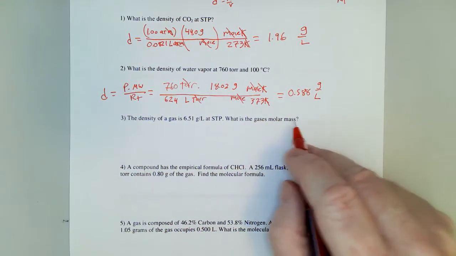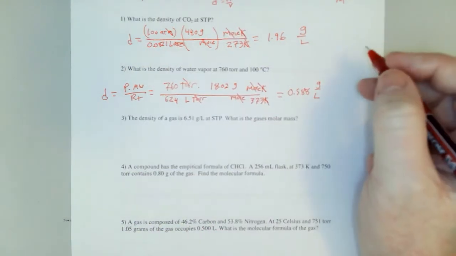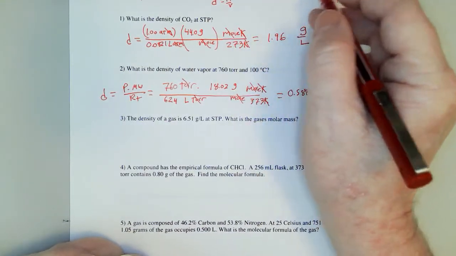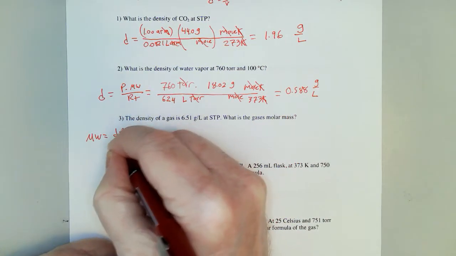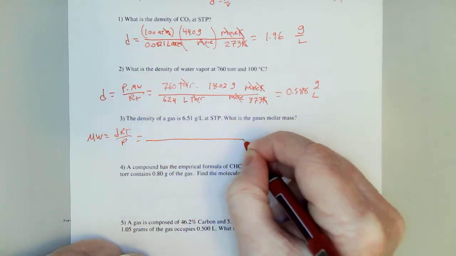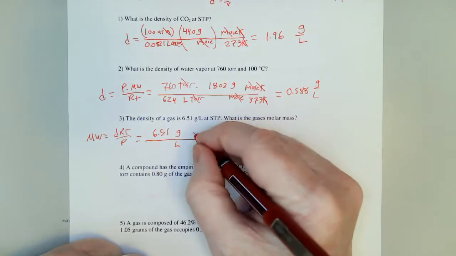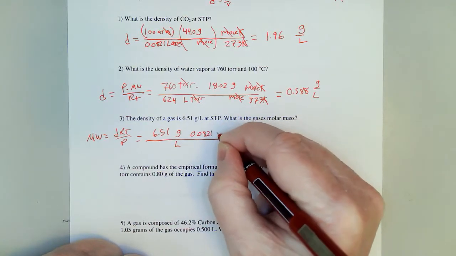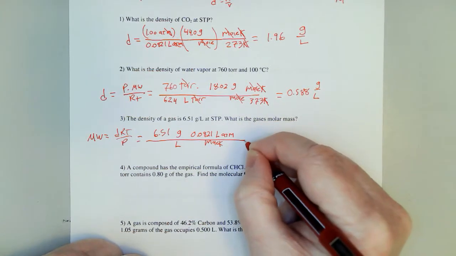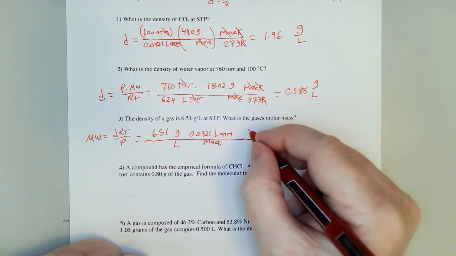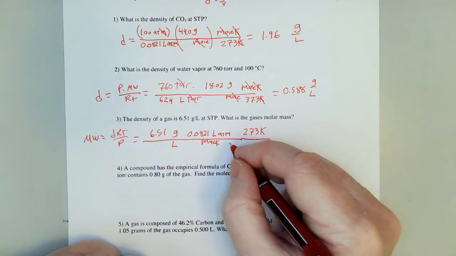Okay, so we're looking for the molar mass of a gas that has a density of 6.51 grams per liter at STP. Molecular weight is dRT over P, which equals, so I've got 6.51 grams per liter, R of 0.0821 liter atmosphere per mole K. The temperature at STP is 273 Kelvin, and the pressure is 1.00 atmospheres.